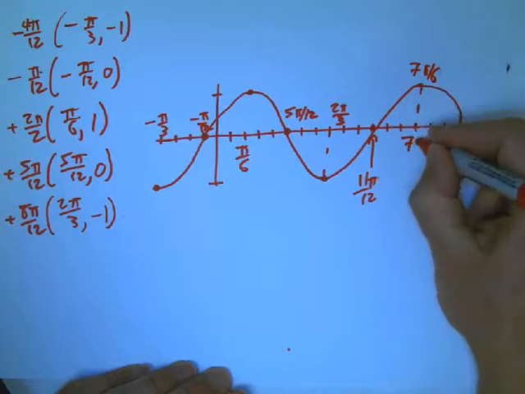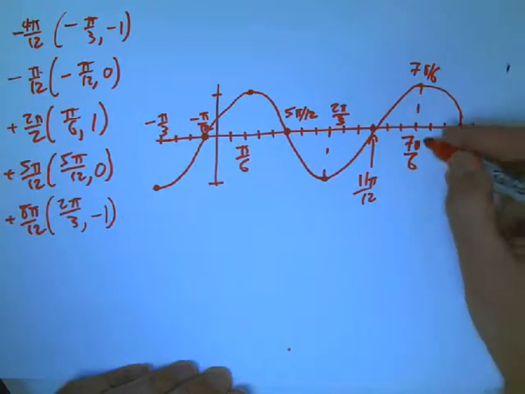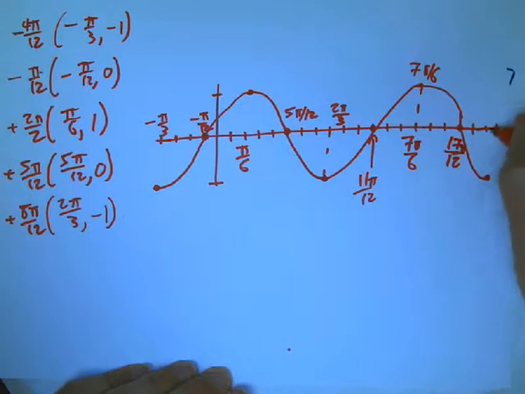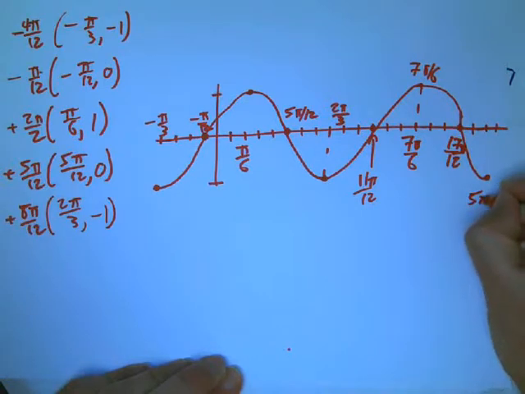Oh, I guess I should have marked it here. 7 pi over 6. Then 17 pi over 12. And then finally, 1, 2, 3 more. We're going to have 20 pi over 12, or in other words, 5 pi over 3.